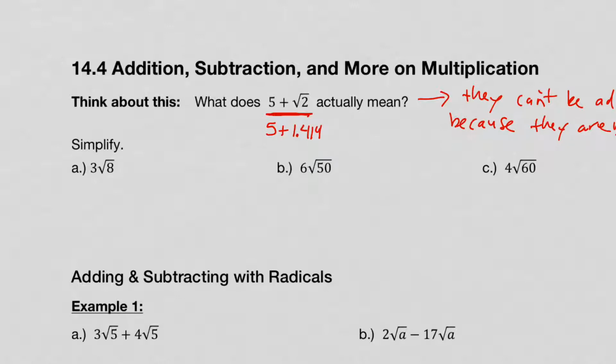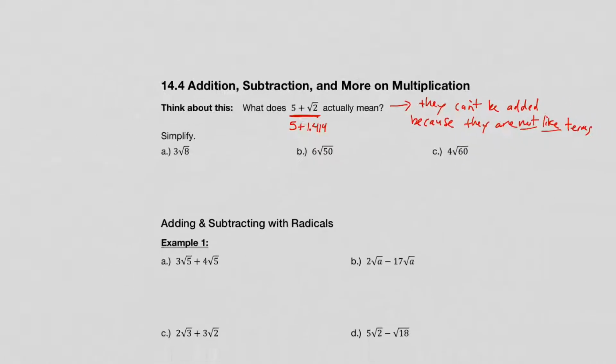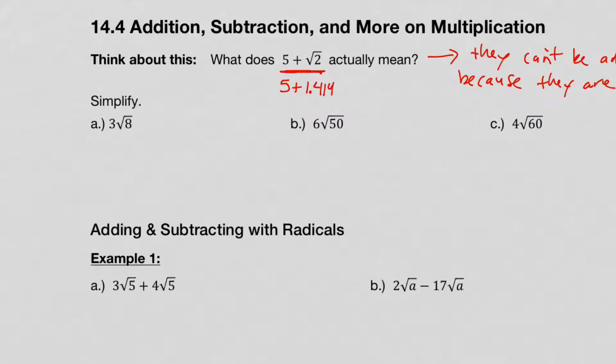Then we can add those together to get 6.414. Alright, so this is not what we're going to be doing, turning anything into decimals, but we need to make sure that our terms are like.